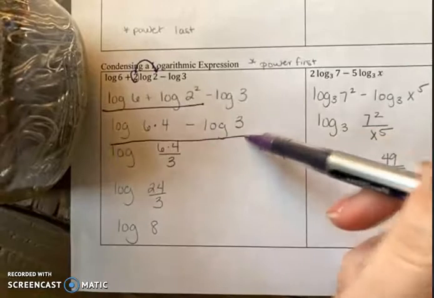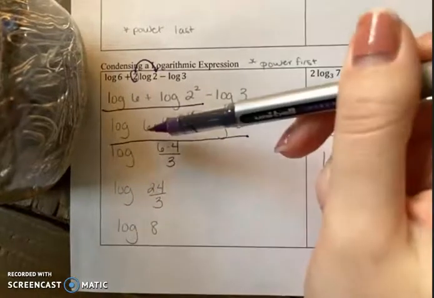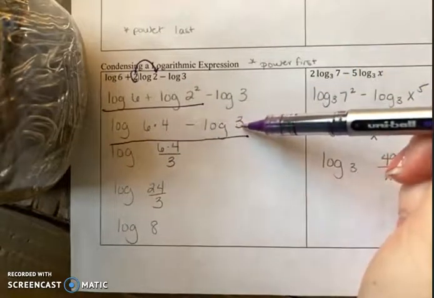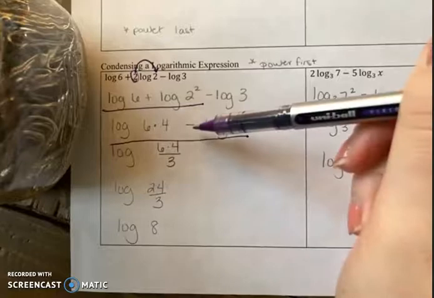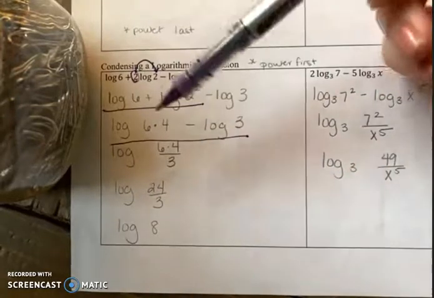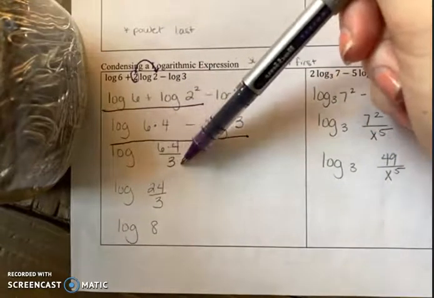Then we're going to condense this to one logarithm. 6 times 4 would have to be divided by 3, because when we subtract, we know to use the quotient property. So my next step, you can see I have 6 times 4 all over 3.